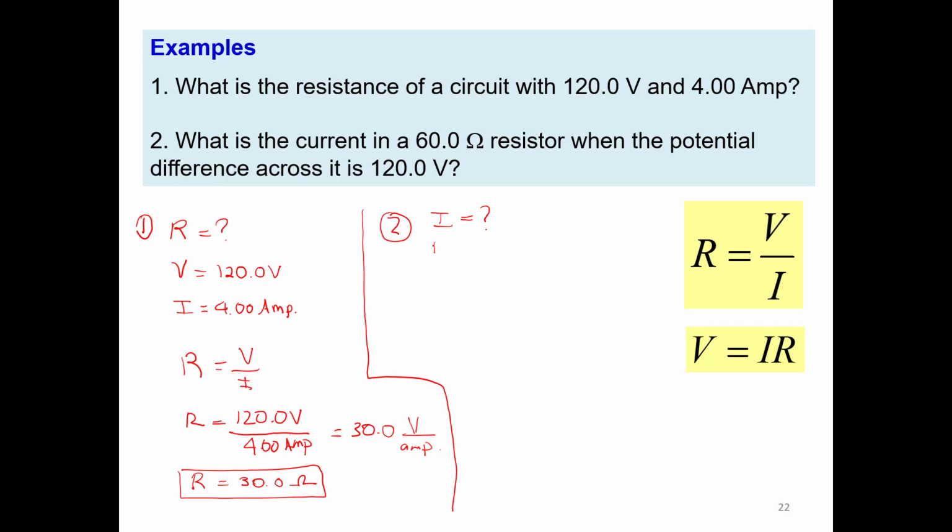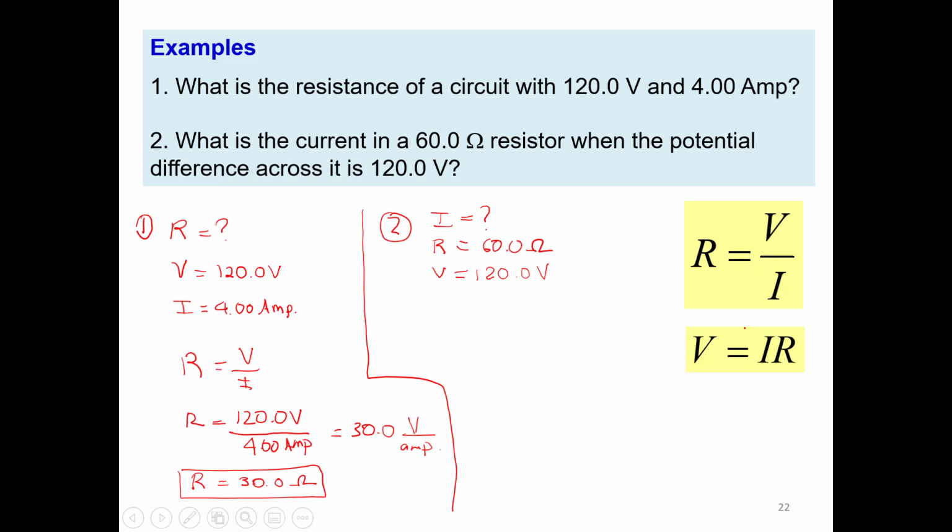We know this is the resistance, a 60 ohm resistor, when the potential difference across it is 120 volts. So the voltage is 120. And we can use either the first equation or the second equation because they are the same equation.